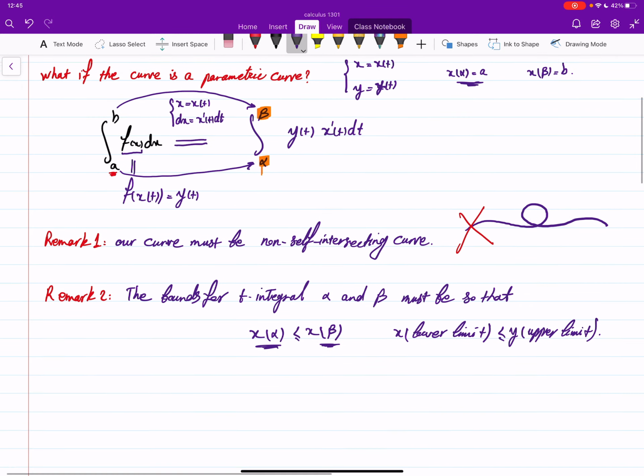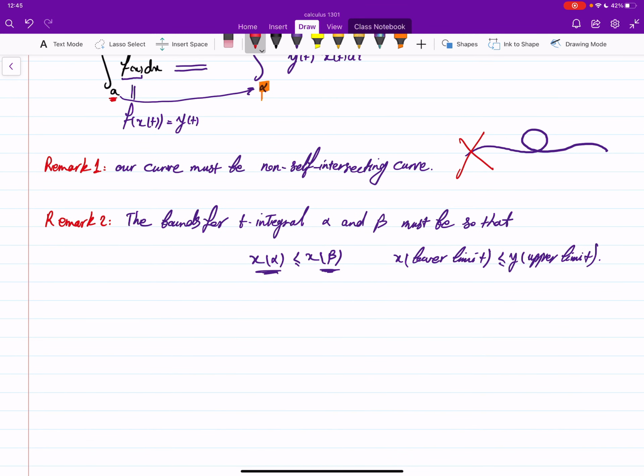So if you consider all those, then you basically have the theorem.